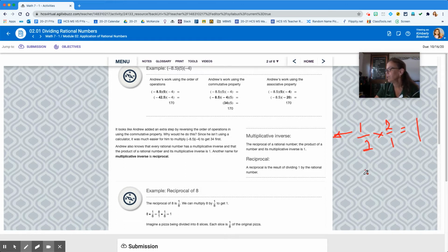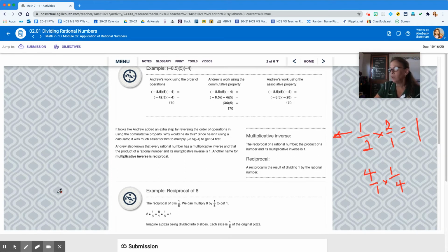If you have an integer like 4, remember that 4 could be put over 1, and its multiplicative inverse is, you guessed it, 1/4. Okay, so that's what multiplicative inverses are. And I would write that down, and maybe even these examples, and you might also write down what the reciprocal is.